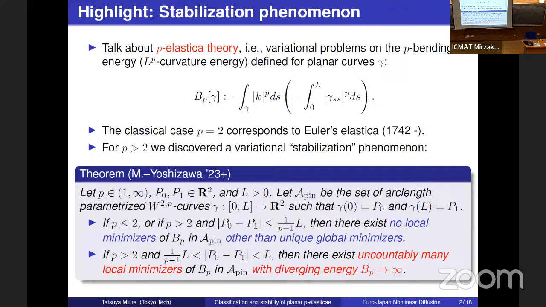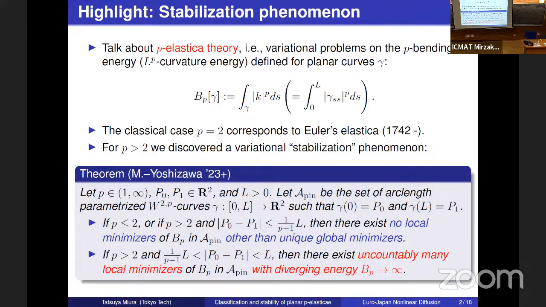So just the positions are fixed, and the tangent directions are allowed to rotate. So actually, due to this boundary condition, the curve can rotate. Under this boundary condition, the critical points can easily become unstable.